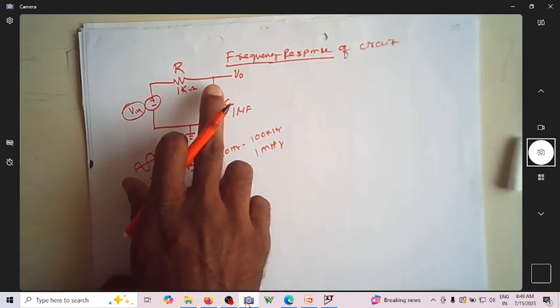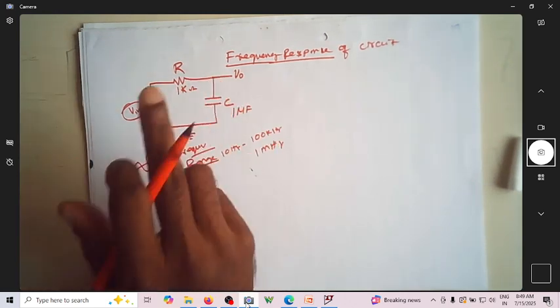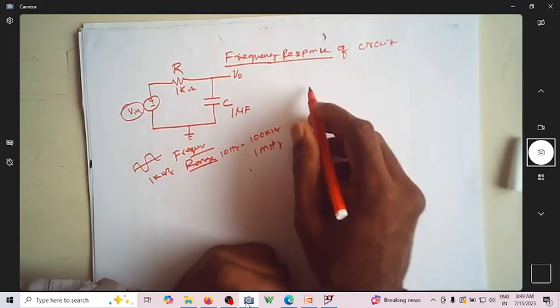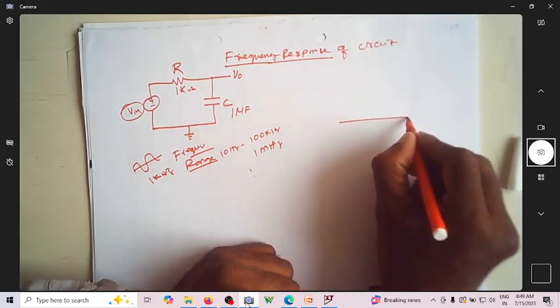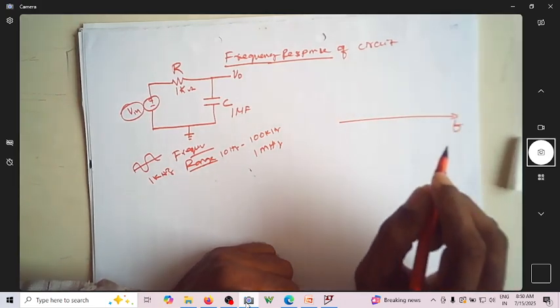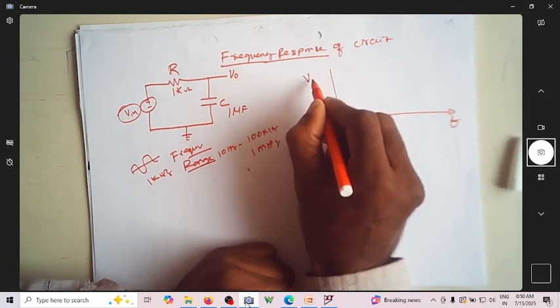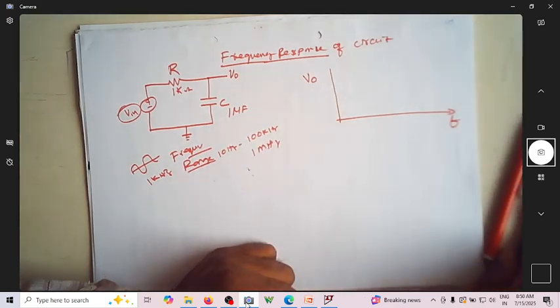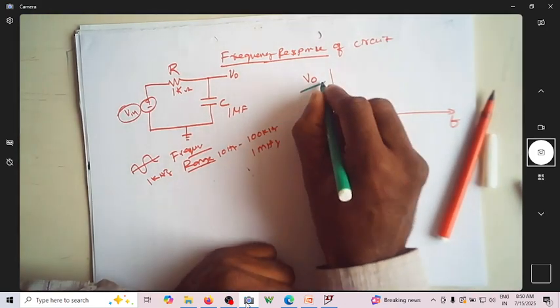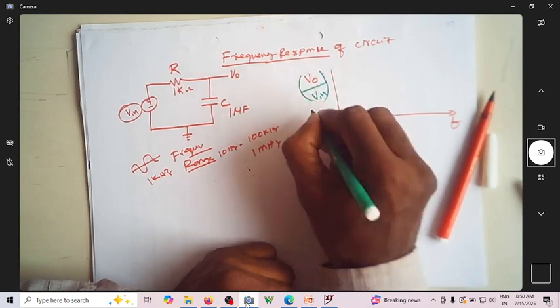The graph we are looking at has frequency on the x-axis, and on the y-axis it can be the output voltage, or output by input, which happens to be the gain of the system.